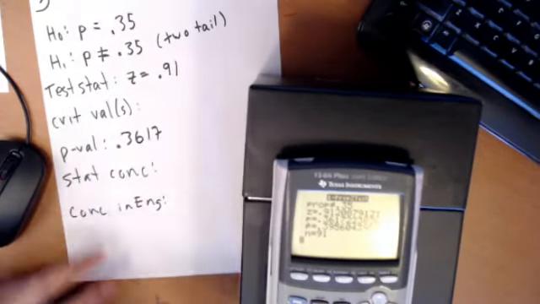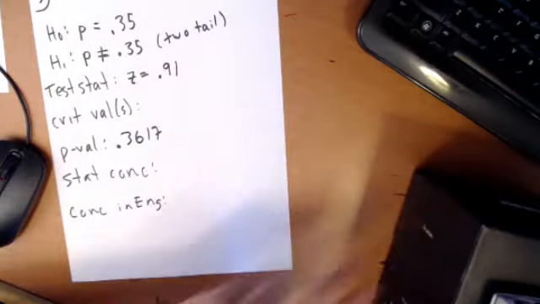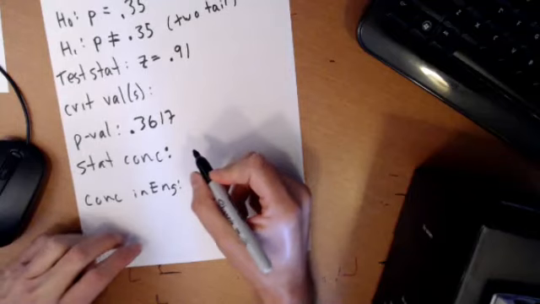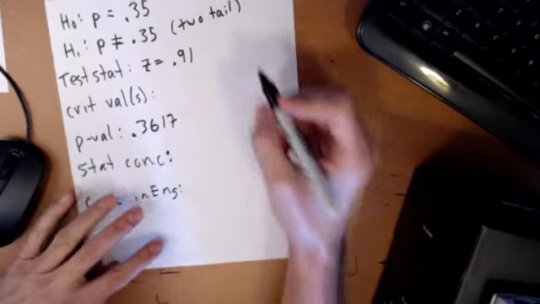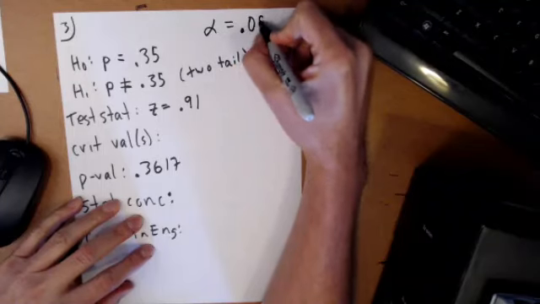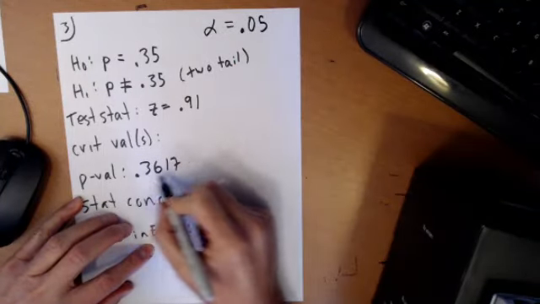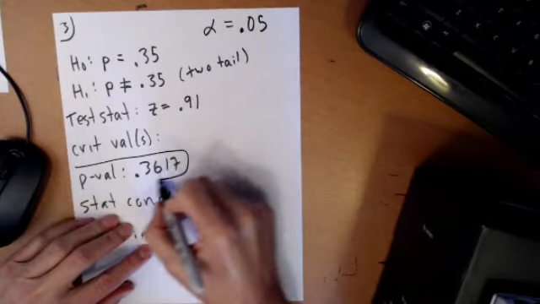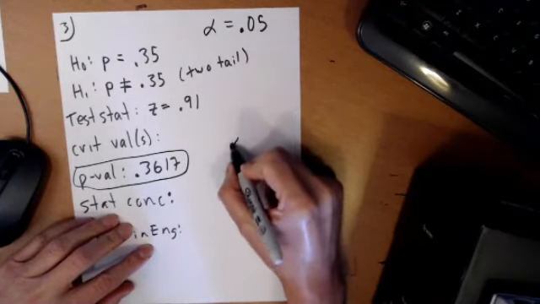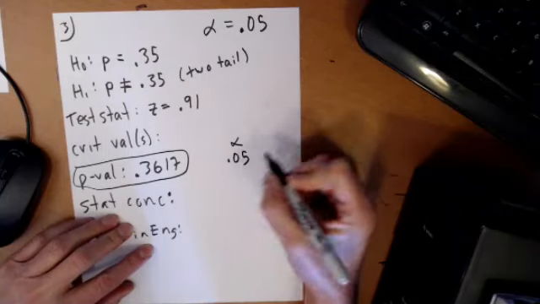Okay. So now, statistical conclusion. Alpha, the significance level, was 5%, so alpha is 0.05. How does my p-value compare to my alpha of 0.05?